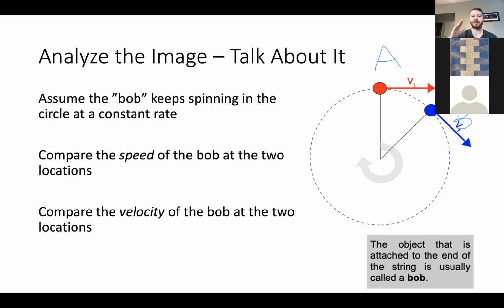So the velocity has changed because the direction of the bob has changed. Even though it's still rotating in a circle, the instantaneous velocity at point A and point B are different. So the velocity is going to be different at these two locations.